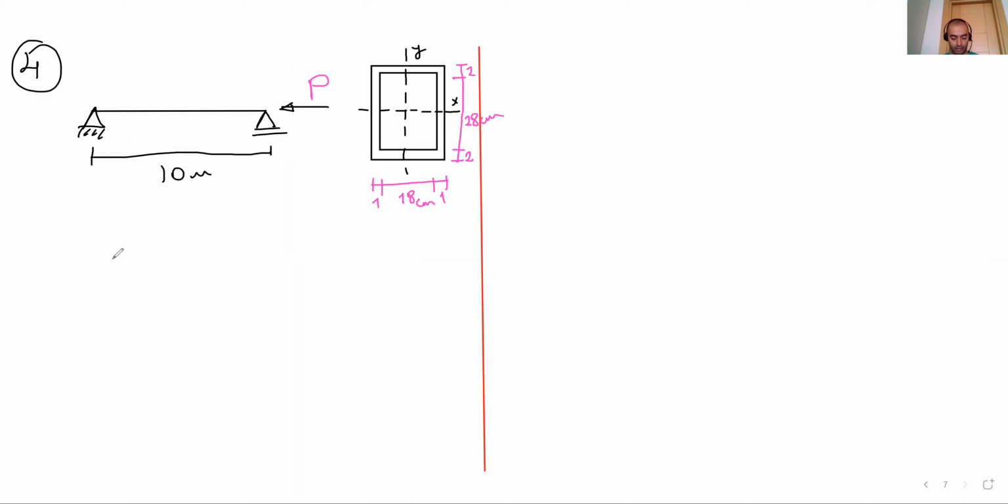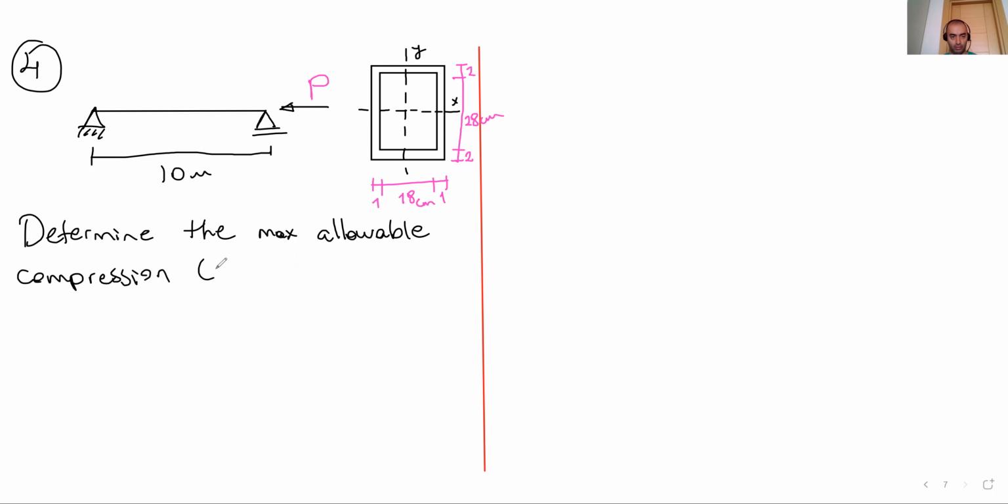And determine the maximum allowable compression load. Maximum allowable compression, just P load. Okay, for the system, but we need sigma allowable here.